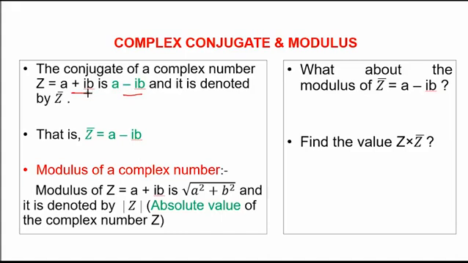So a plus ib and a minus ib are conjugates of each other. The conjugate of a complex number a plus ib is a minus ib, and it is denoted by z bar. Suppose I take one complex number 2 plus 3i. What about the conjugate of the number 2 plus 3i? It gives 2 minus 3i.